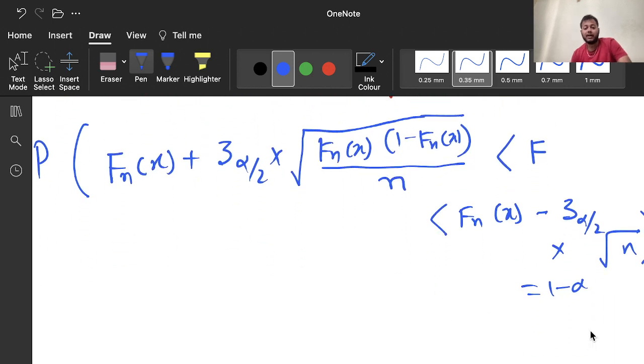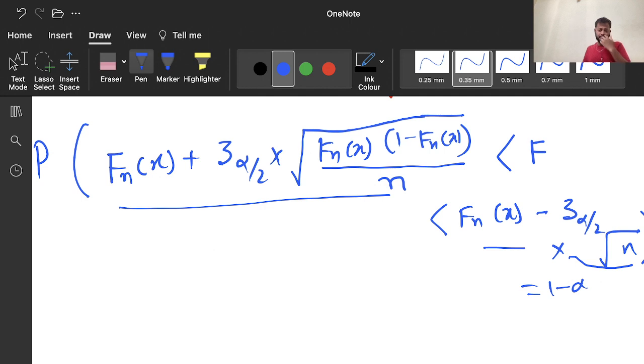So confidence level basically means we have to find a boundary, and we will say that within the boundary my actual distribution lies, and the probability of that is 1 minus alpha.